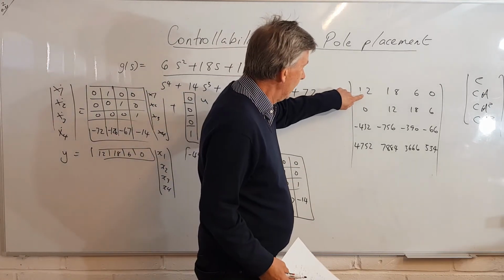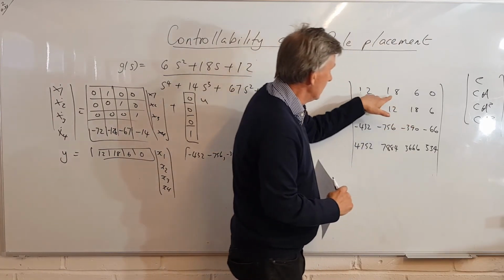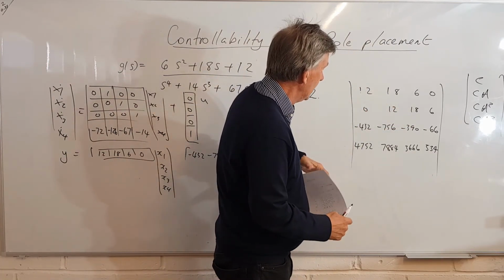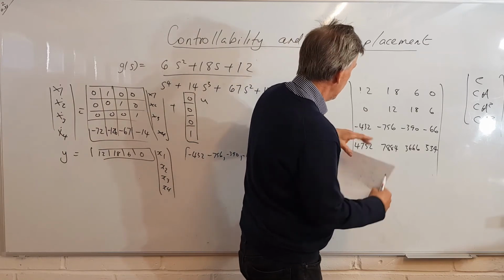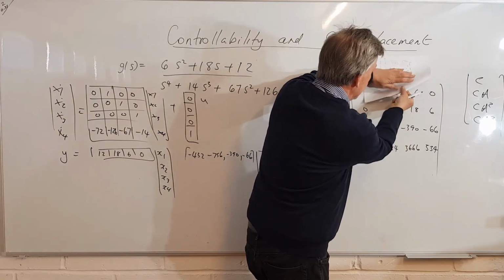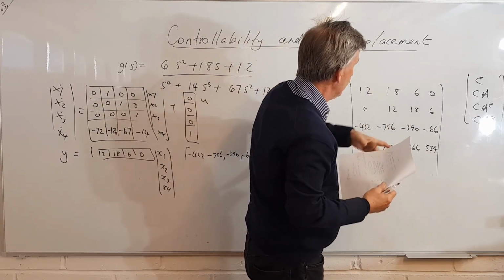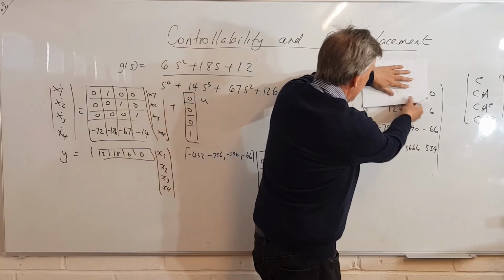It's going to be 12 times that 3 by 3, minus 18 times the 3 by 3 which we get by removing that row and that column, then plus, minus, plus, and 6 times a 3 by 3 matrix formed about there.